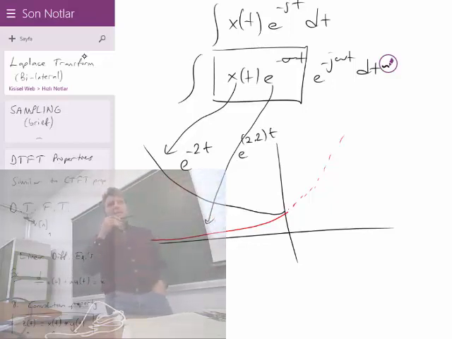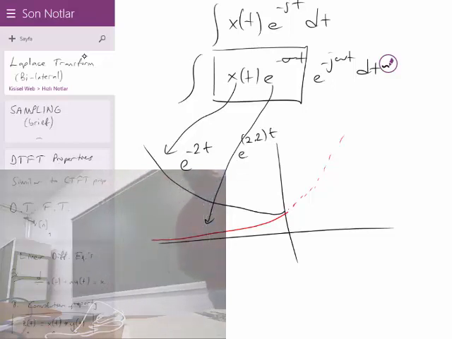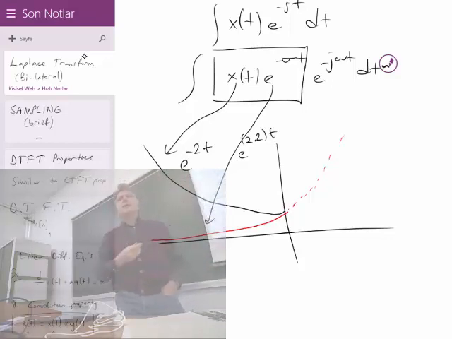Since it's an increasing exponential, for the negative time indices it means it's a decreasing exponential towards the left. And when you integrate that, no matter how slowly it may decrease, a decreasing exponential in the decreasing region is converged. It's a convergent signal. You can integrate it. You can find the integral under it.